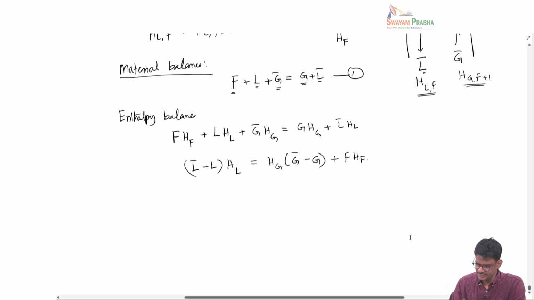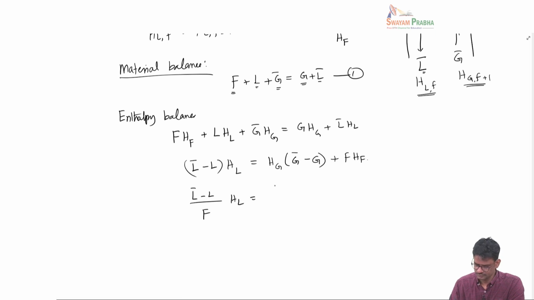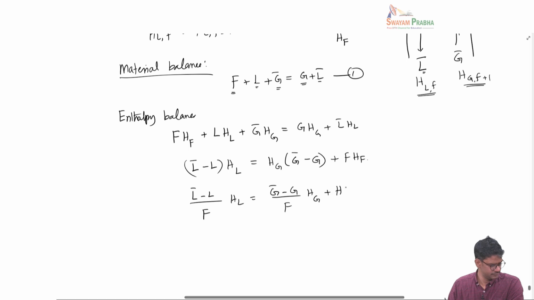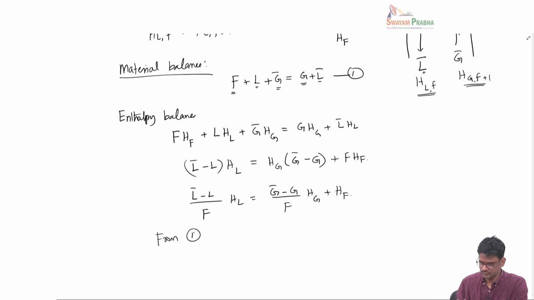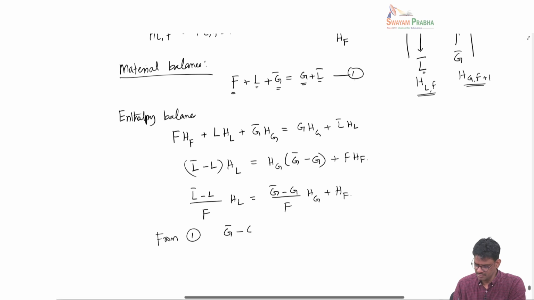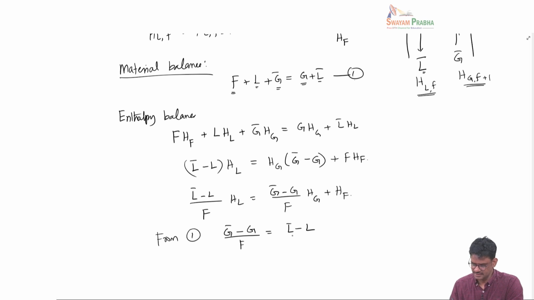So, we can rearrange all these things a little bit. From this equation 1, we can write that G bar minus G by F is L bar minus L by F minus 1.